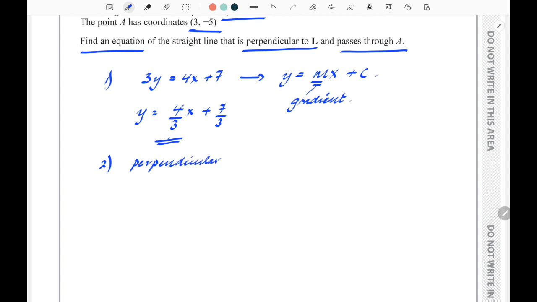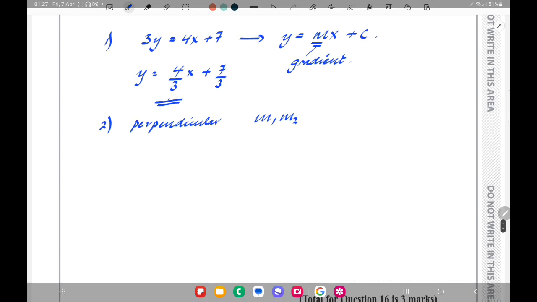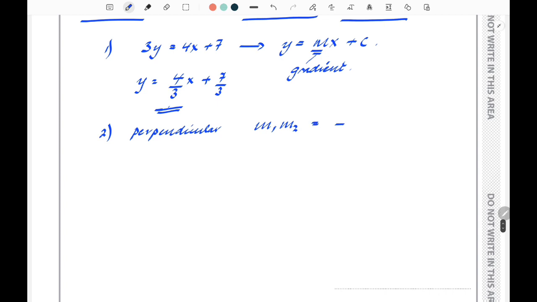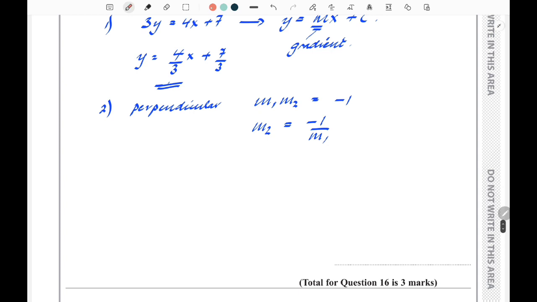All right, we want to find the perpendicular. The rule is that if you have two gradients, they are perpendicular if m1, i.e. of line 1, and m2, so m1 times m2, equal minus 1, right, when you multiply the two, okay? And so let's write it like this. m2 equals minus 1 over m1, all right? So what does this mean? I'm going to put it in very plain language, all right?